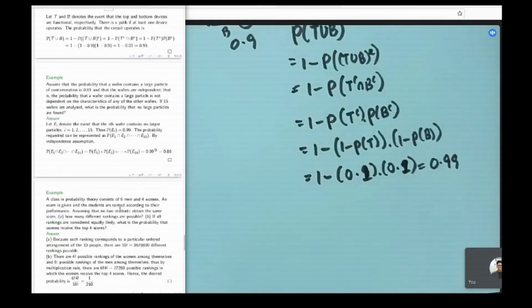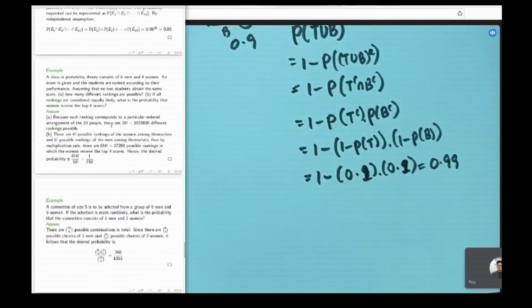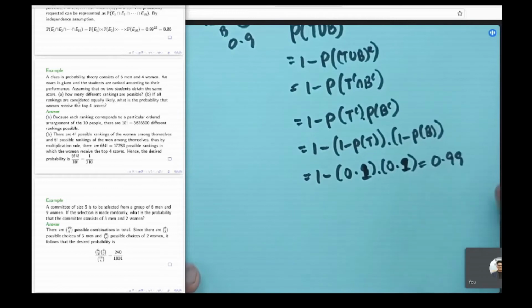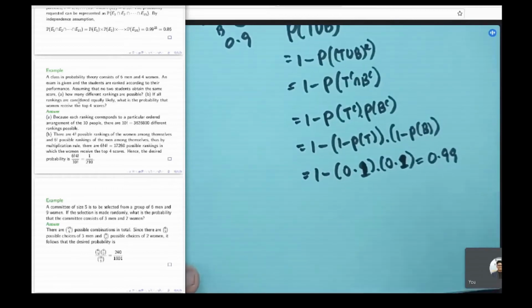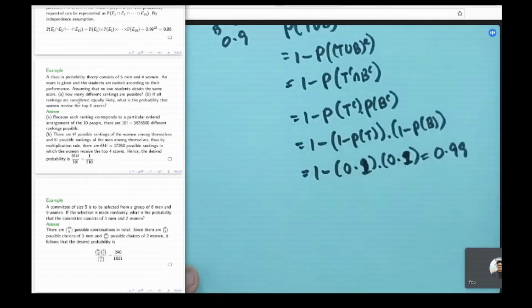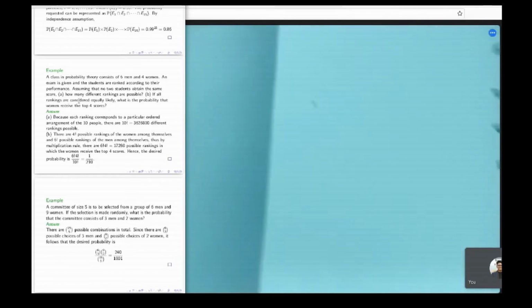Okay, so I will skip this part and then I'll go for the next question. So this question is about a class in probability theory that consists of 6 men and 4 women.